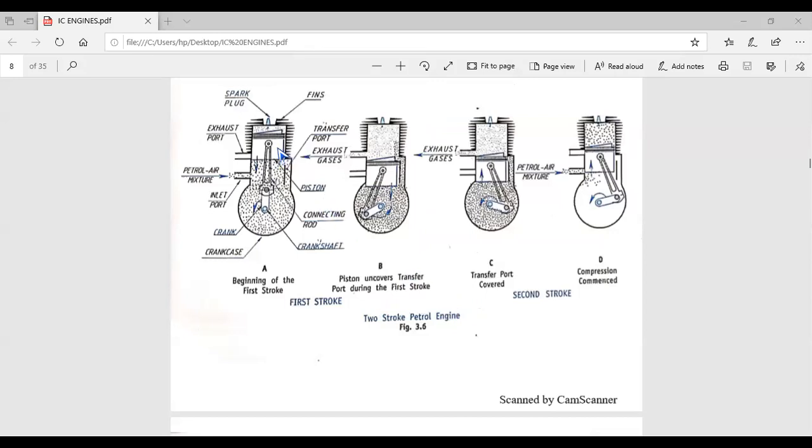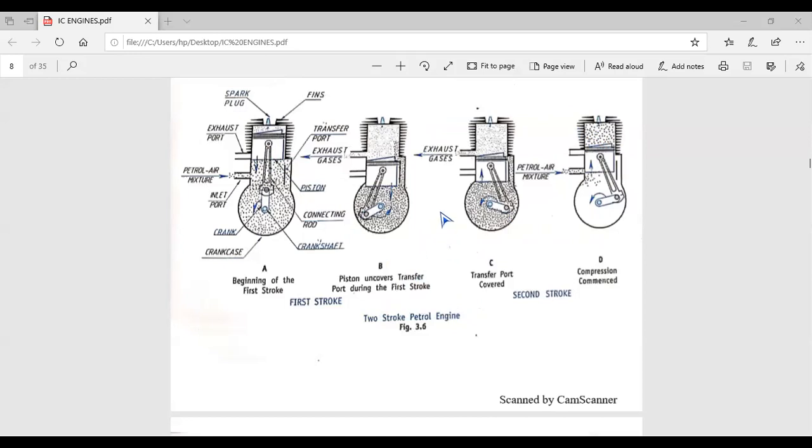The movement of the piston is from top to bottom to top, which you can abbreviate as TDC and BDC. The ignition of the petrol and air mixture takes place in the middle of the second stroke. Due to that, expansion of the gases takes place and the piston moves downward. The word scavenging is used here.